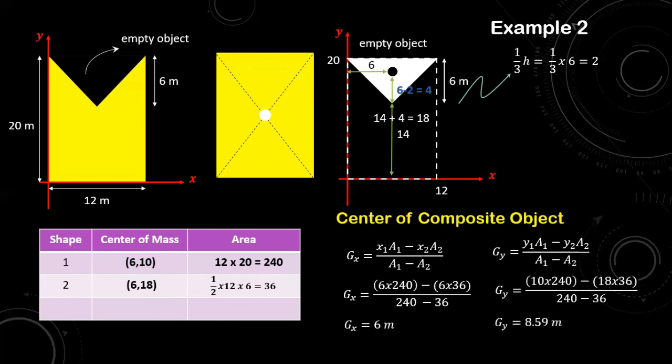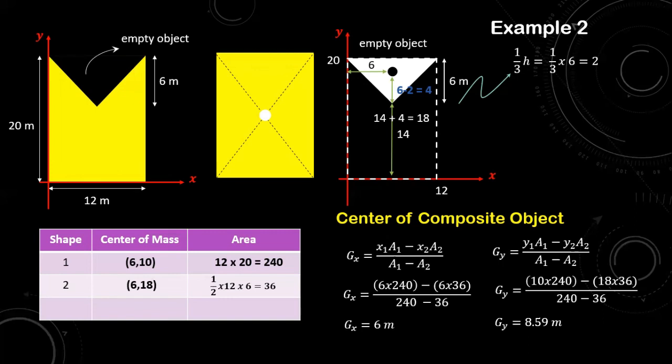Finally, we found the center of mass of this composite object for the y component is 8.59 meters. So the conclusion, the center of the composite object is 6 meters, 8.59 meters. Is it clear, everyone? That's very easy, right?